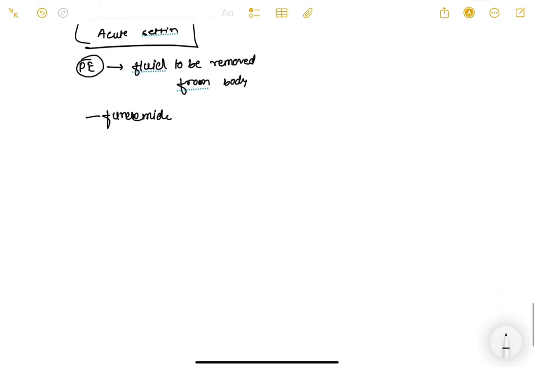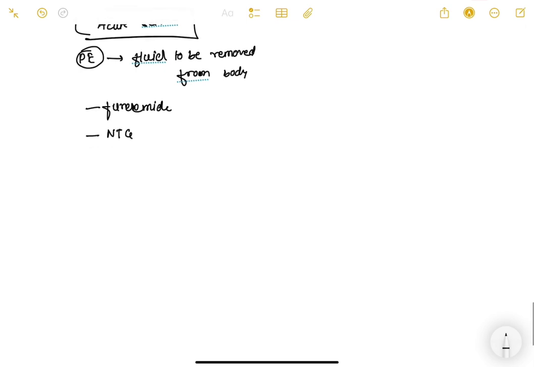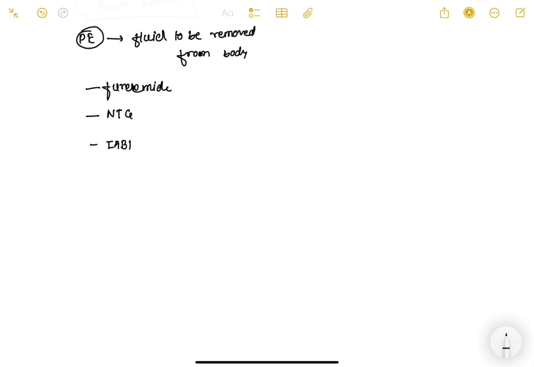So we use diuretics. We can also use NTG to decrease blood pressure. IABP, that is intra-aortic balloon pump, is contraindicated in aortic regurgitation because it will worsen AR.